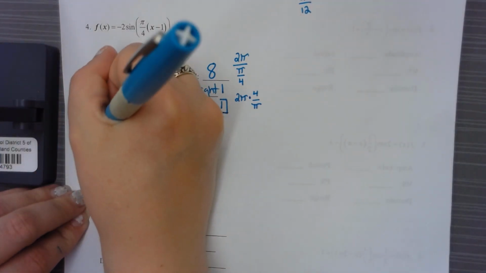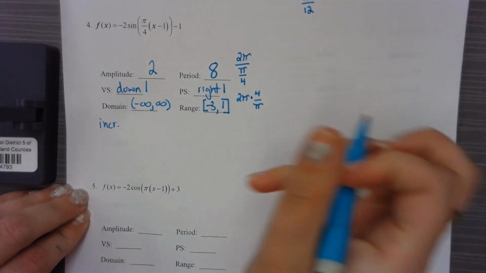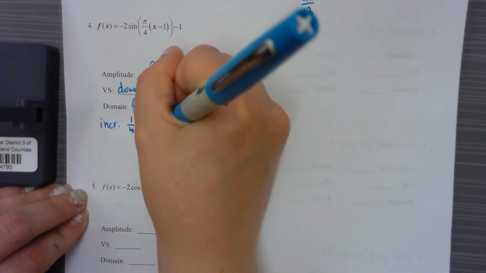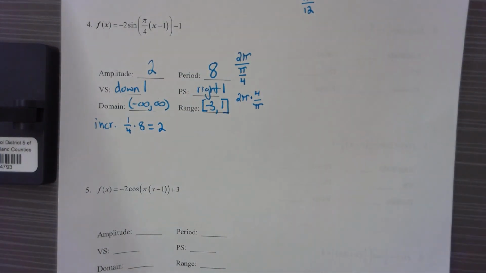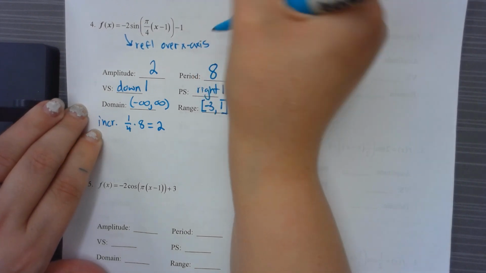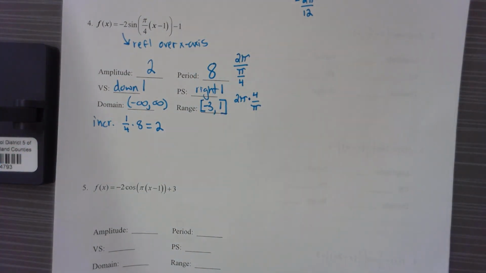So, to find my increments, what am I going to do? 1/4 times 8, which is 2. And then, do I have a reflection? Yes, I do. This one's a little nicer because you're not going to have to deal with pi. Aren't you so excited?